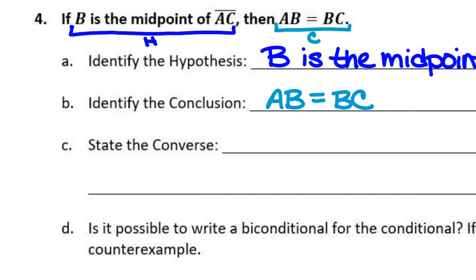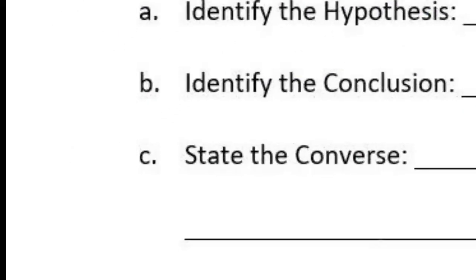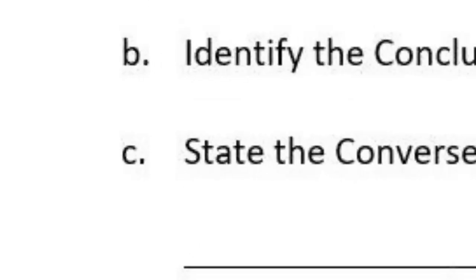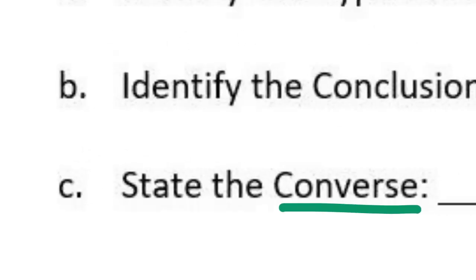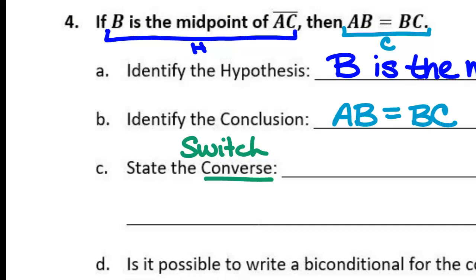Then it says to state the converse. What was the key word that we used for converse? Does anybody remember? Switch. Inverse is not, converse is switch, and contrapositive is both, not, and switch. So for my converse, we're going to take the hypothesis and the conclusion, and we're going to switch them around.